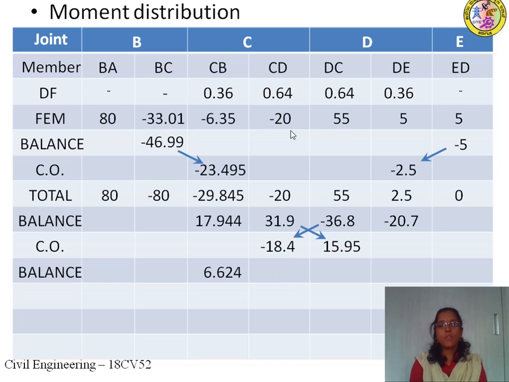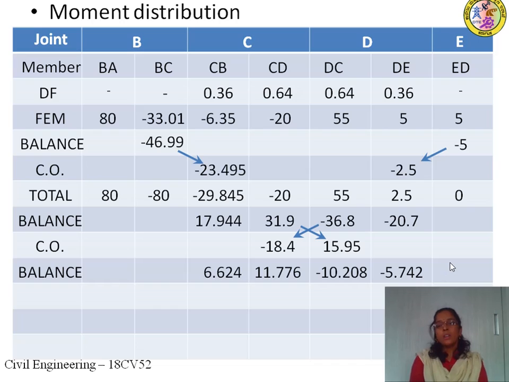Then 18.4 into 0.64 will be equal to 11.776. So now the imbalancing moment at D is 15.95. Therefore balancing moment will be minus 15.95. So minus 15.95 into 0.64 will be equal to minus 10.208, and minus 15.95 into 0.36 will be equal to minus 5.742.